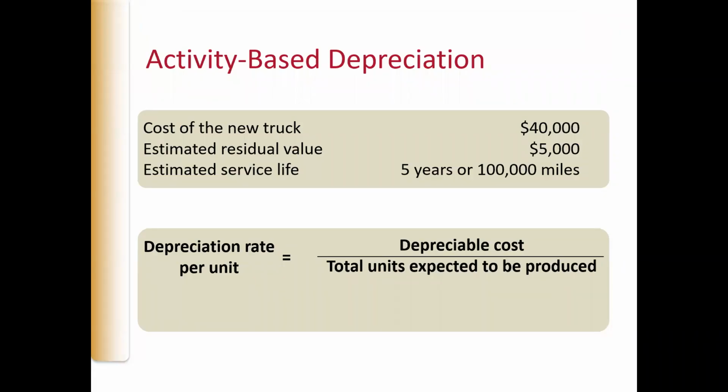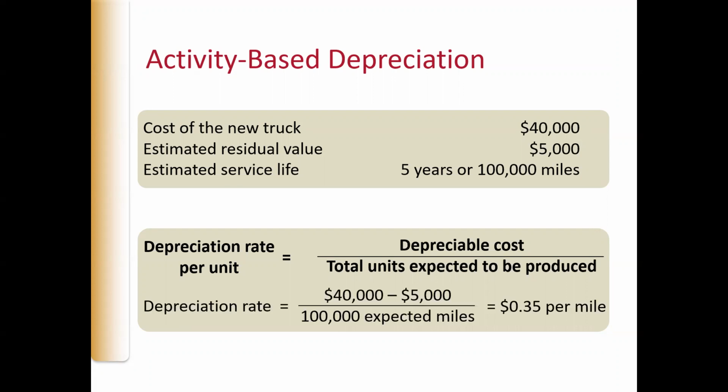Activity-based depreciation is very similar to straight line. You're basically estimating the allocation of depreciation over a certain factor. In this case, it's going to be mileage. So if it's 100,000 miles, we calculate the amount we depreciate per mile.